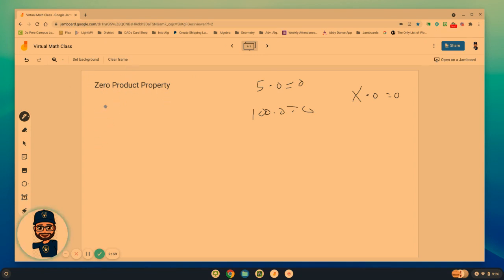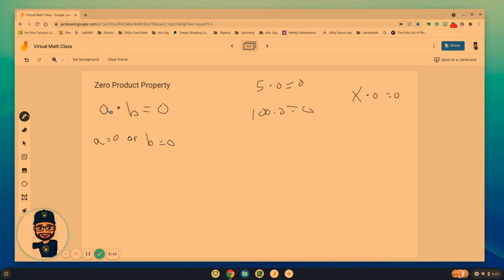If I have some piece here, which we'll call A, and I multiply by B, and I get an answer of 0, A times B is 0. We could say A is equal to 0, whatever that A part is, or that the B part is equal to 0, right? Either A could be 0, because 0 times whatever I have over there equals 0, or the B part could be 0.